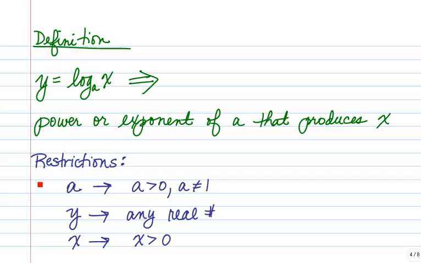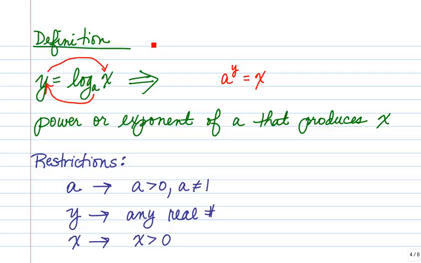So let's make a definition. When we see the expression y is equal to log base a of x, what we're really trying to say is what power of a produces x? Y equals log base a of x. We're saying that y is the power of a that is equal to x.